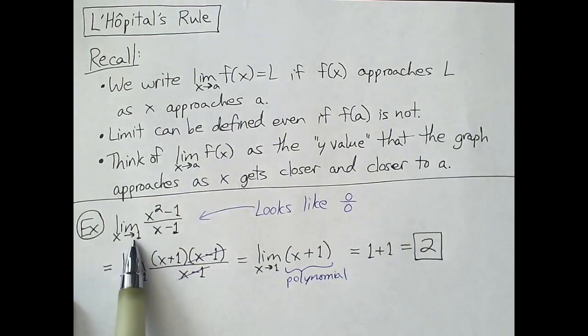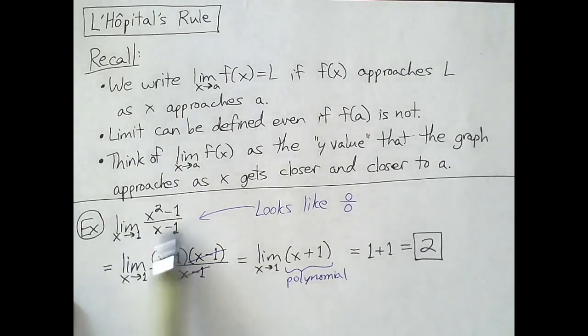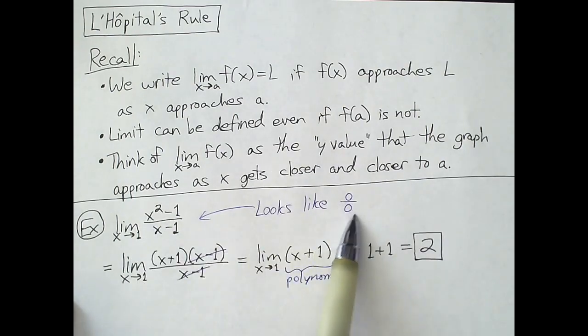So x is approaching 1, but it's not actually equal to 1. There's a difference, right? It's getting closer and closer to 1, but it's not really 1. So the denominator is not really 0. And in fact, this whole thing evaluates to 2. I'll show you another one.